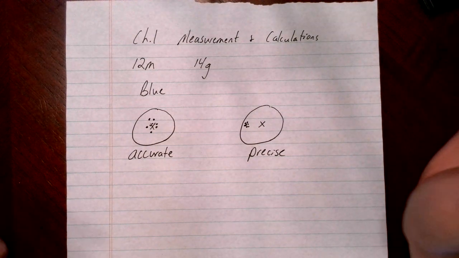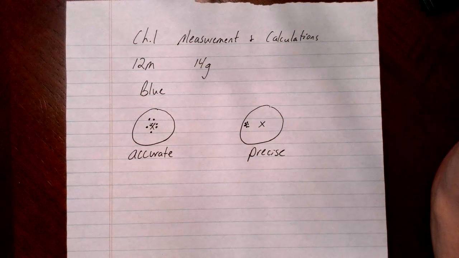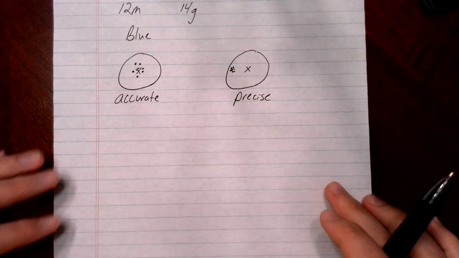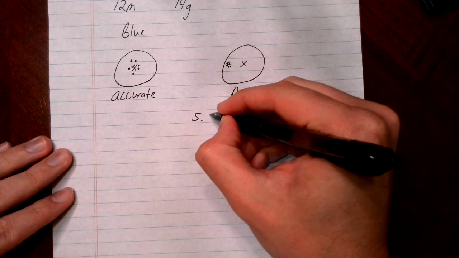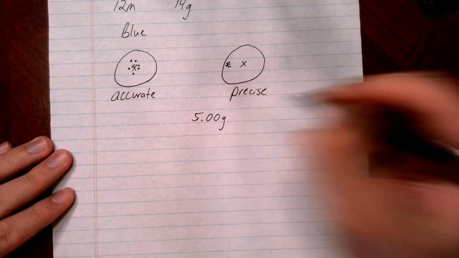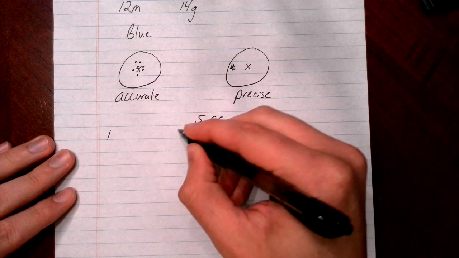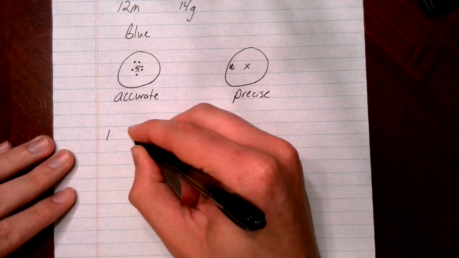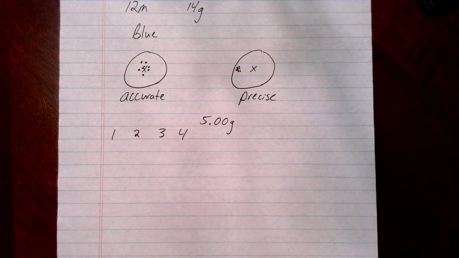So let's look at it in terms of data now, because obviously we won't be dealing with a lot of target practice in chemistry. So let's say I have an object and I know that it weighs 5.00 grams. Okay? Then let's say I have 4 students and each of them weigh the object using some method they come up with 4 times.